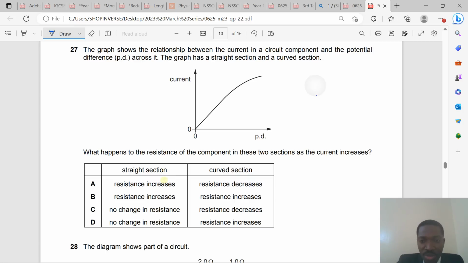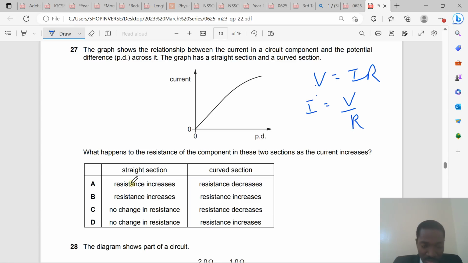Because from Ohm's law, V equals I R, that means I equals V over R. So if current is increasing, then resistance will be increasing. That's why the curve looks like this, and it wants to be pegged at this value. That means if current is increasing, then the resistance will definitely be increasing.